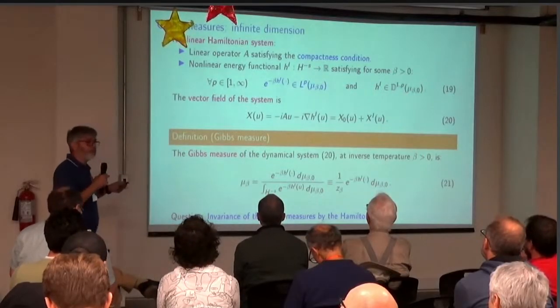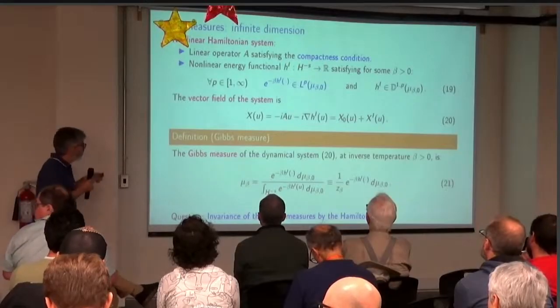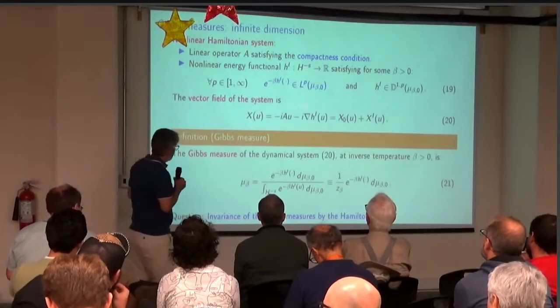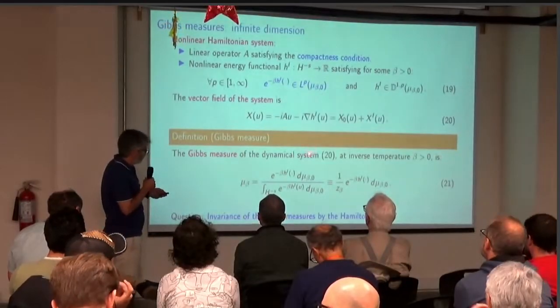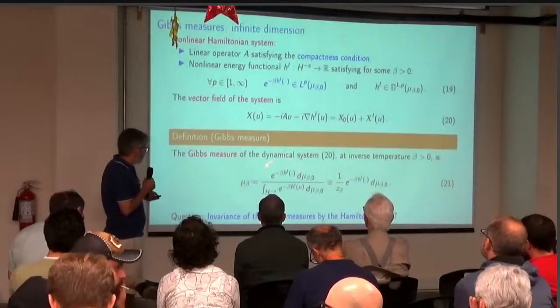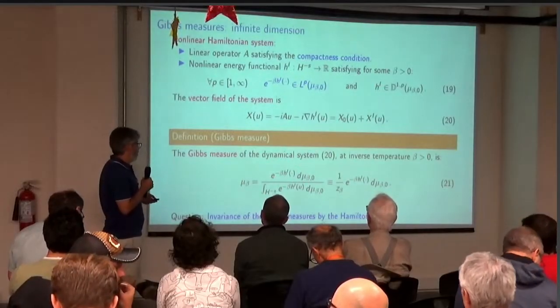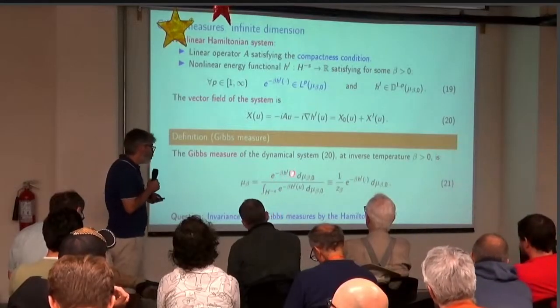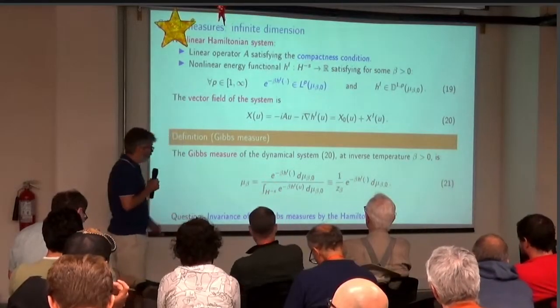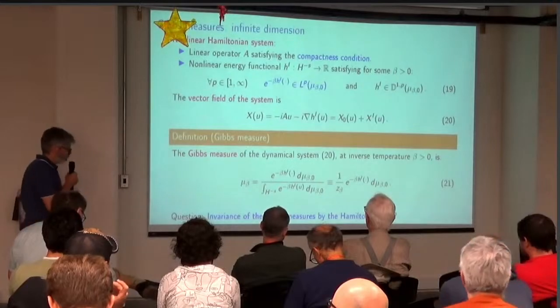So now we understand this, and you have the vector fields. Now the Gibbs measure for the dynamical system that we just described is just this probability measure: the Gaussian measure multiplied by this weight and normalized naturally. We have probability measures. Then there is a question.